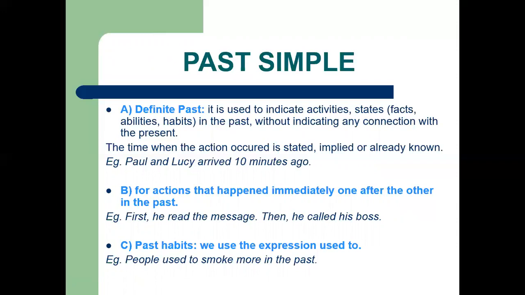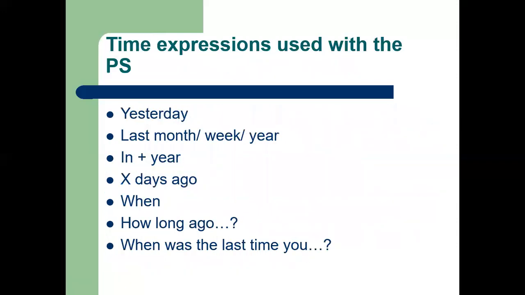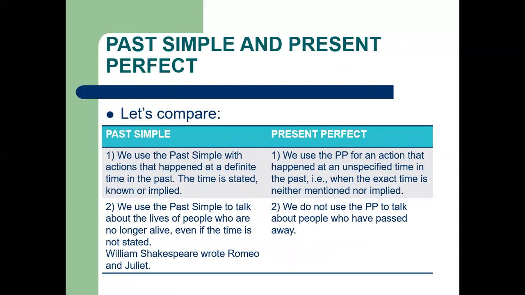If you say he used to smoke, he smoked more than once, right? Time expressions used: yesterday, last month, last week, last year, in plus a given year, ago, when, how long ago, when was the last time you, and past simple.